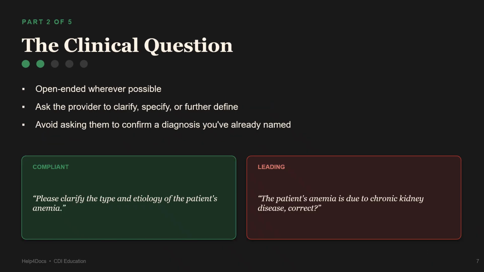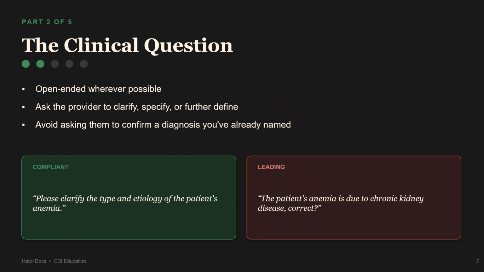So here's the actual question. As I mentioned earlier, I prefer open-ended questions, and they should be open-ended whenever possible, asking the provider to clarify, specify, or further define a condition, rather than asking them to confirm a specific diagnosis that you've already named.